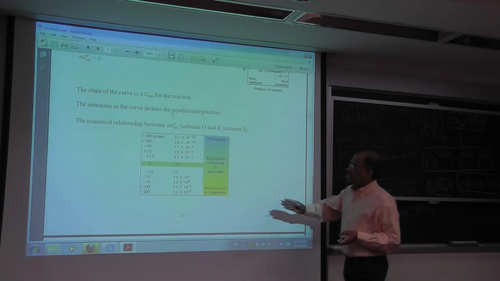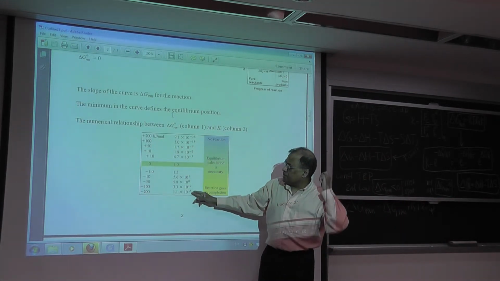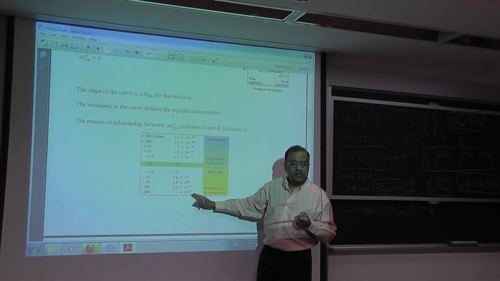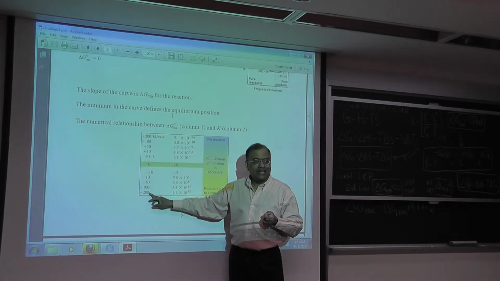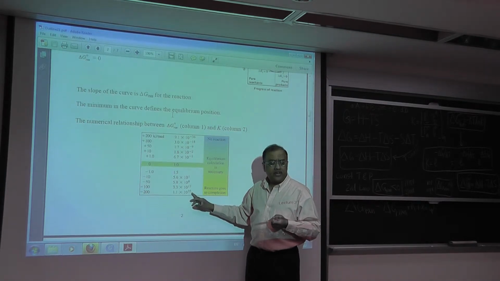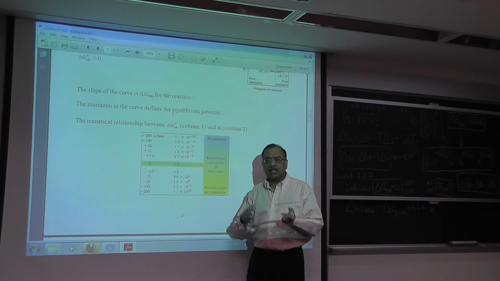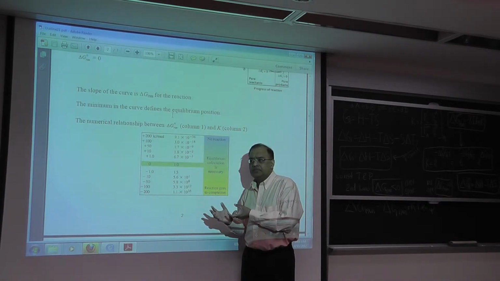So here are some values of delta G naught, and here are the equilibrium constant values. If you have a very large negative delta G naught, then the equilibrium constant is very, very large. That means that pretty much all of the reactants are converted to products.